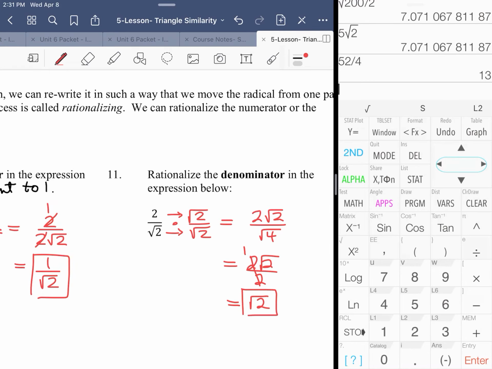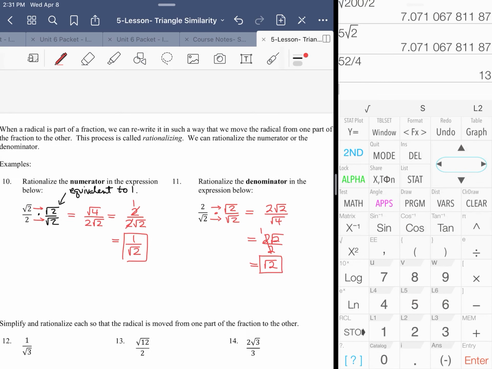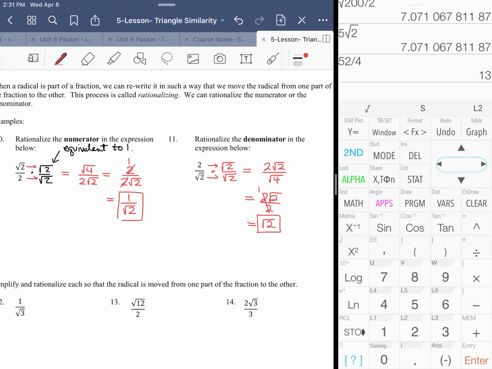So it kind of begs the question of, well, why would we need to do this? It all depends. In the case of number 11, I don't want to say I think it's obvious, but I hope you'll believe me when I say that the radical 2 that we got as an answer is a simpler looking expression than the 2 over radical 2 that was the question. In the case of number 10, you can go either way.